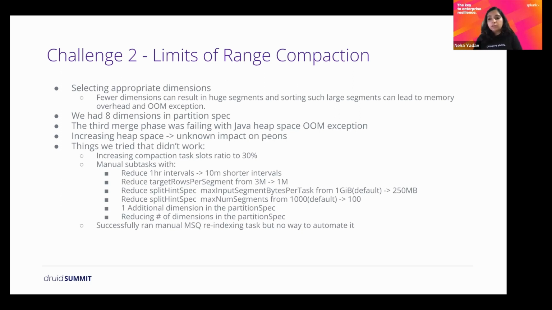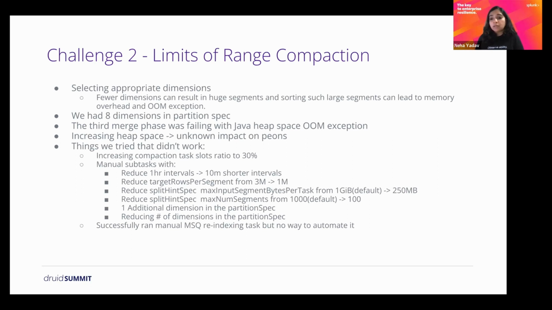We tried reducing target rows per segment, checking if handling fewer rows in the segment could help with the task success. We also tried reducing max input segment bytes per task and max num segments in split spec, to indicate that the compaction task should be handling a smaller subset of data, but that did not work either.